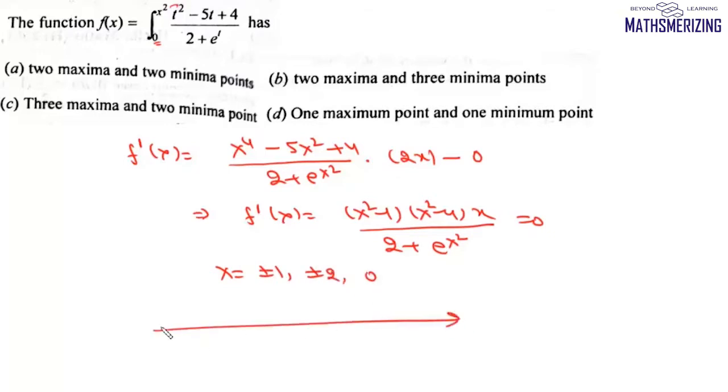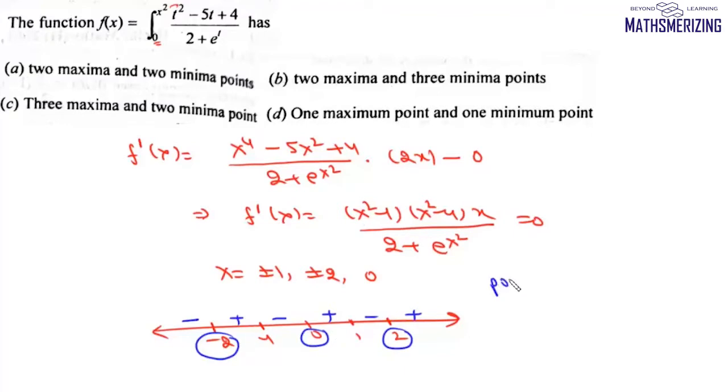So we'll put it on a number line. So this is −2, −1, 0, 1 and 2. What is the sign of the rightmost? Sign of the rightmost is plus. So this is plus, minus, plus, minus, plus and minus. So we have points of minima at −2, 0 and 2.